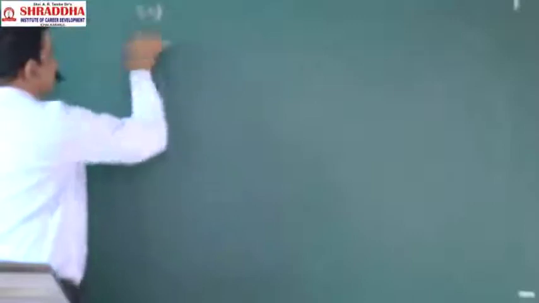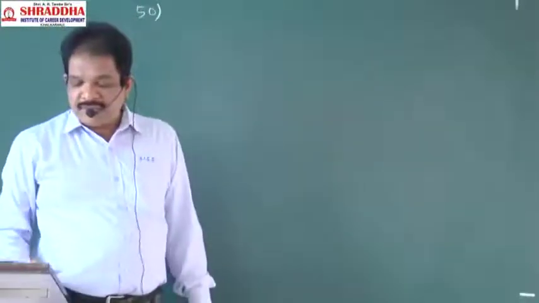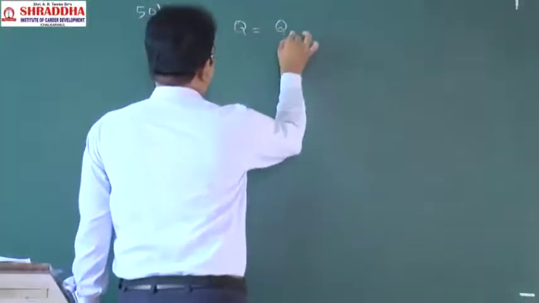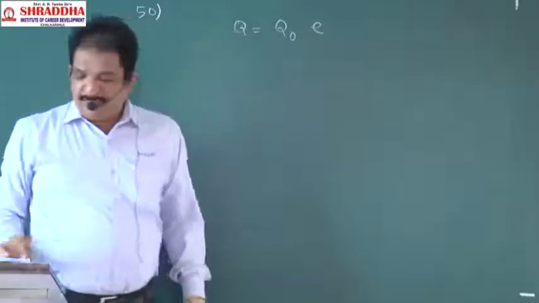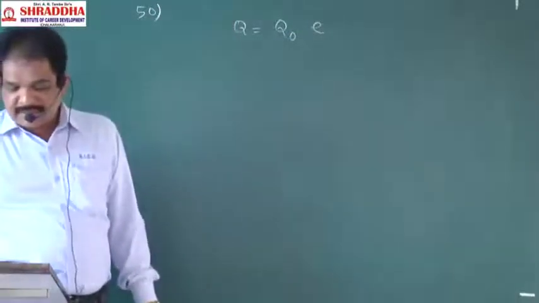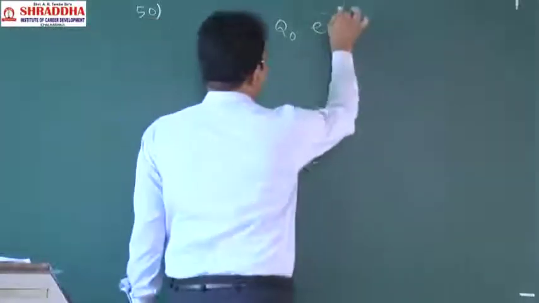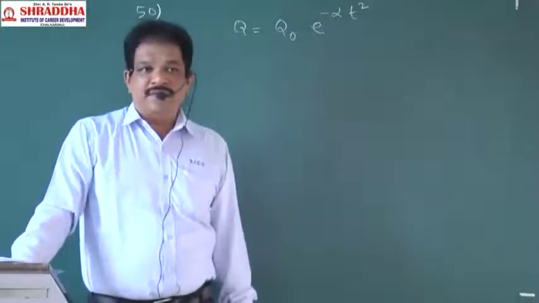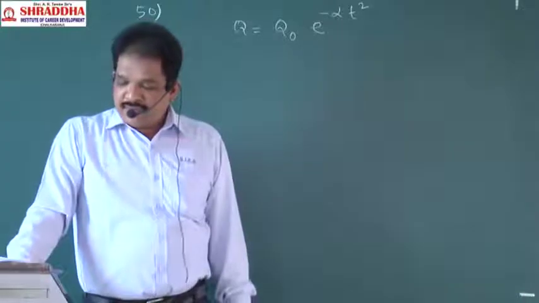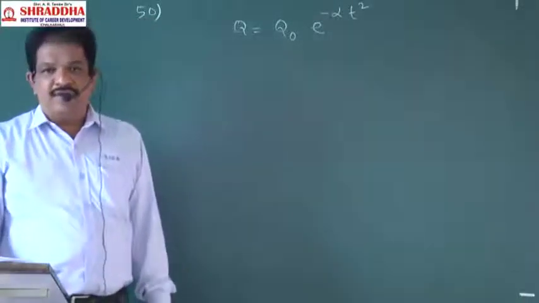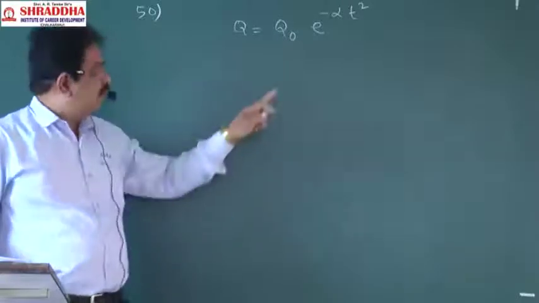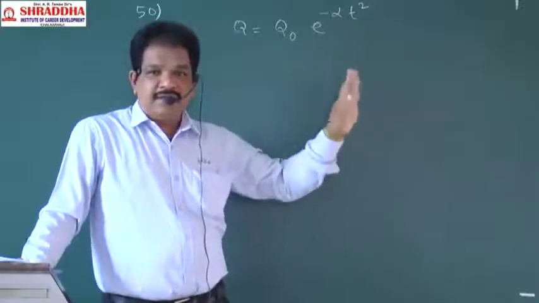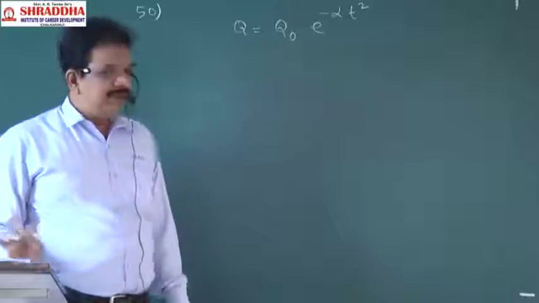Next. 50. Physical quantity Q is given by Q naught into e power minus alpha t square. Q is equal to Q naught e power minus alpha t square. Then what is the dimensions of alpha? That is the question. So here exponential, logarithmic, trigonometric functions, they don't have any dimensions.